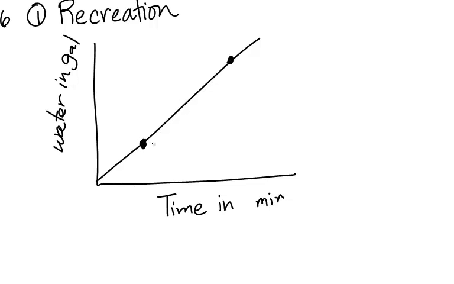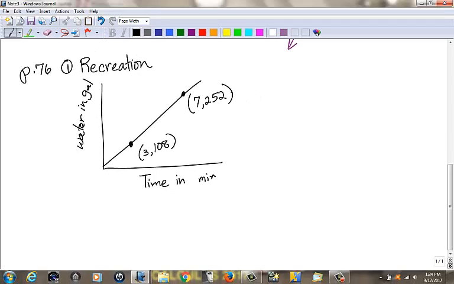Okay, 2 ordered pairs are 3 and 108. 3 minutes, there's 108 gallons, and at 7 minutes, there's 252 gallons. Okay, so they want to know on that. It says at what rate is the pool being filled. So they want to know the number of gallons per minute. So what they're really asking you for, the rate of change, is the slope.